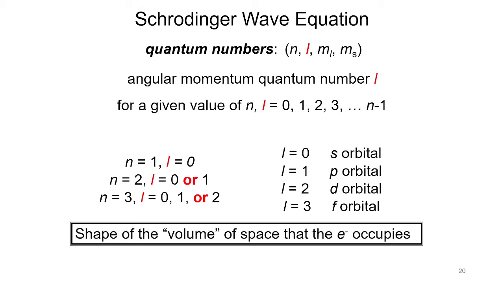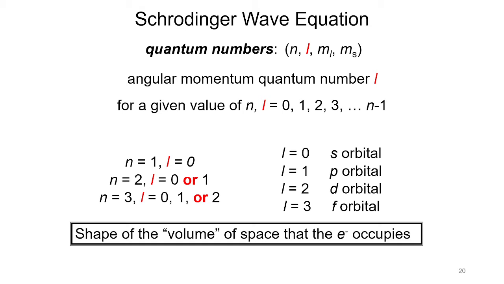In hindsight, the angular momentum quantum number L is actually the shape of the volume of the space that the electron occupies. So ano ba ang magiging itsura ng volume of space na yan? What is the appearance of the shape of the volume of space that the electron occupies?